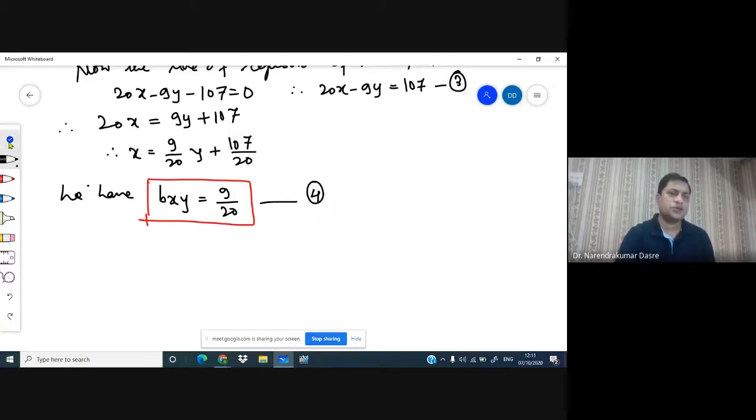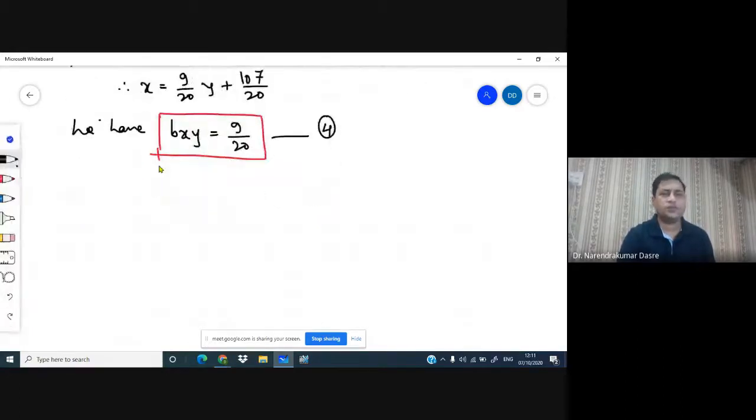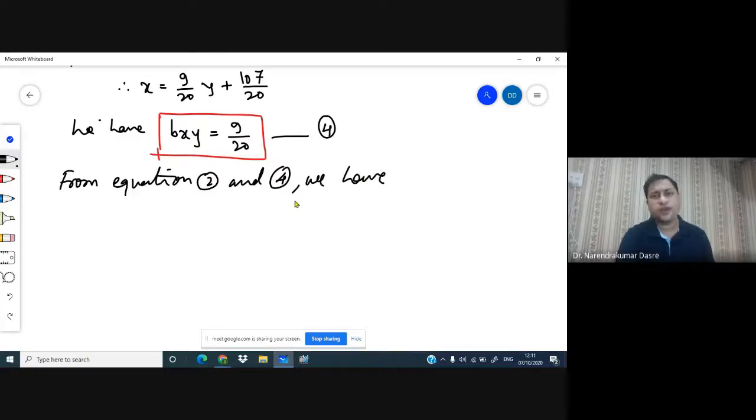Once you get this regression coefficient, this is equation 4. If I want to find r, then I have to use equations 2 and 4. So from equations 2 and 4, we have r is equal to square root of byx into bxy.